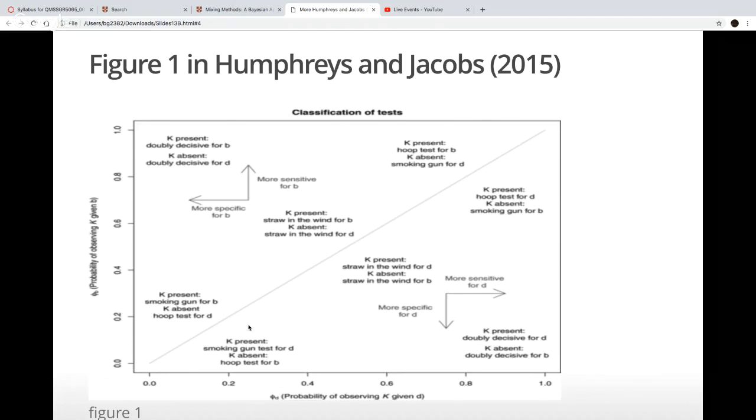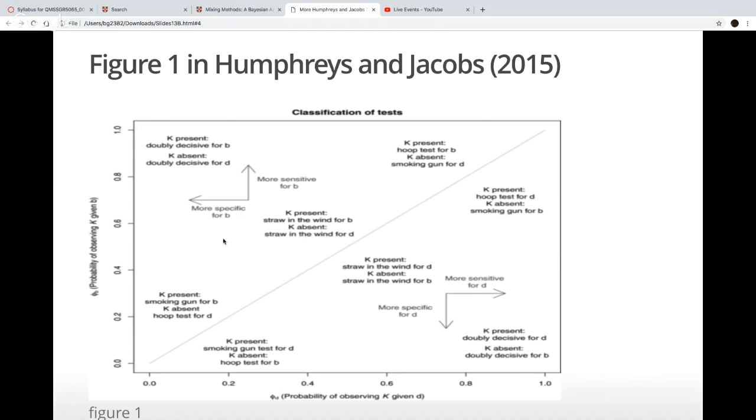If you're anywhere along the line, that suggests the probability that your country is of type D is the same as the probability the country is type B. So that doesn't help you distinguish between those two.